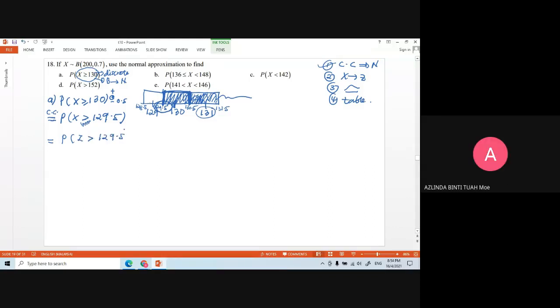Standardize, tukar pergi Z minus min dia berapa? 200 times 0.7, 140. Betul? Okay, 140. NPQ, darab lagi dengan 0.3. 42. Okay, 129.5 minus 140 over standard deviation square root 42. What is the value, Nabil?